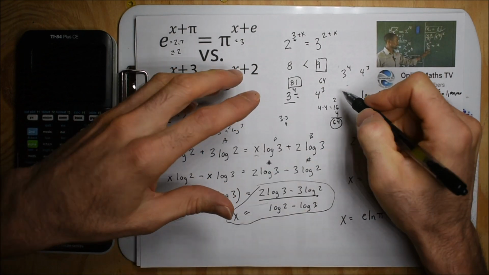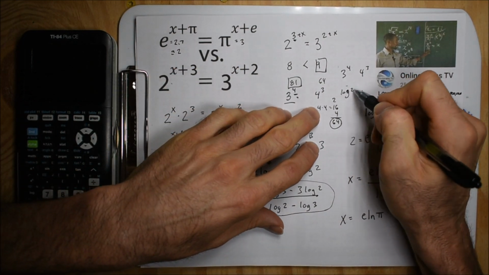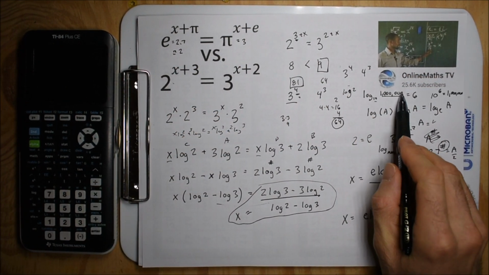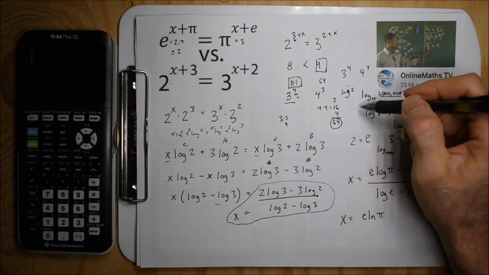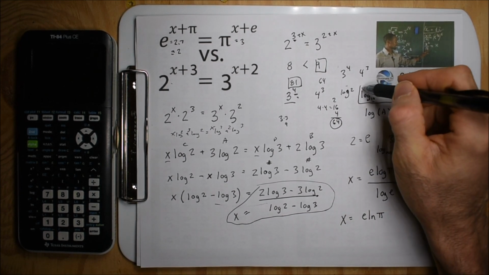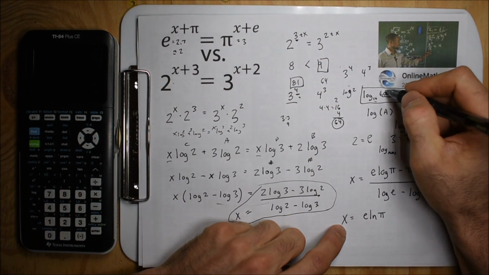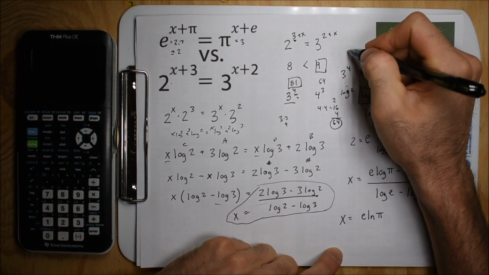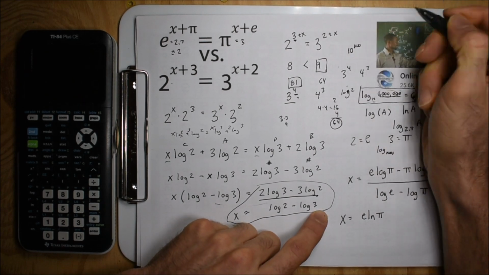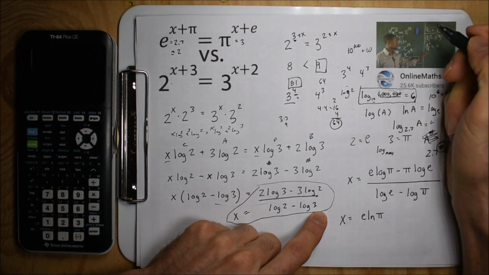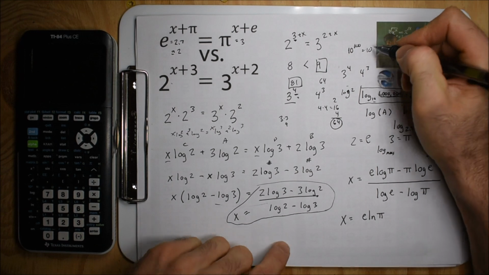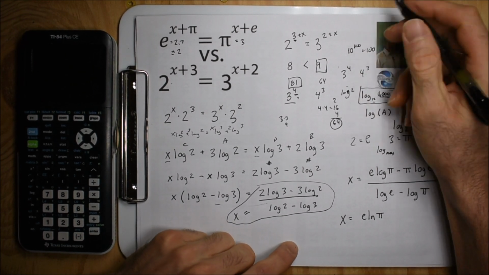Logs are very useful for huge numbers. If you're using logs, you're taking a big number and turning it into 6. You could take a googol and turn it into 100.